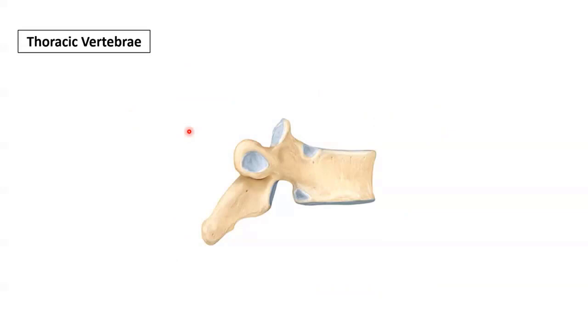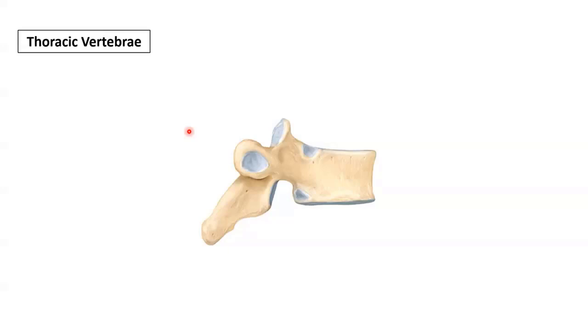Moving on to our thoracic vertebra, which sit underneath our cervical vertebra. And there are 12 thoracic vertebrae, which are all more uniform than our cervical vertebra. So they're all more similar. The thoracic vertebrae are considerably larger and stronger than our cervical vertebra.